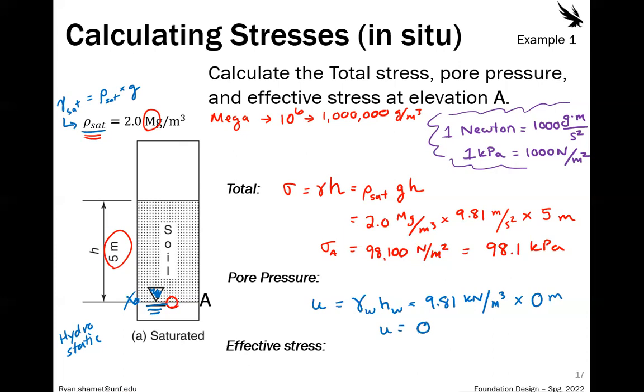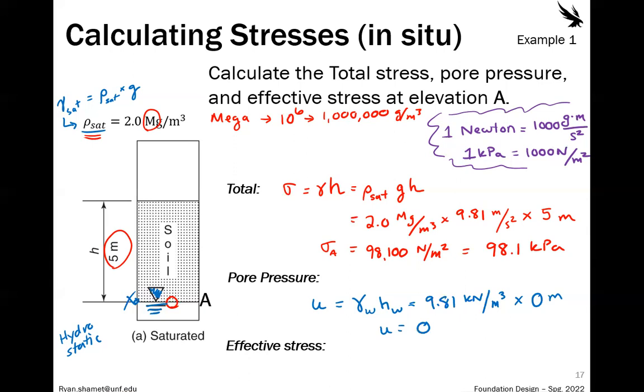Just like pore water pressure, you can think of it as if you were swimming. If you were at this point, the pressure on your ears due to the water would be 0 because you're not underwater. You're just chilling at the surface. As soon as you start going underwater, that pressure accumulates because the height of the water above you is increasing.